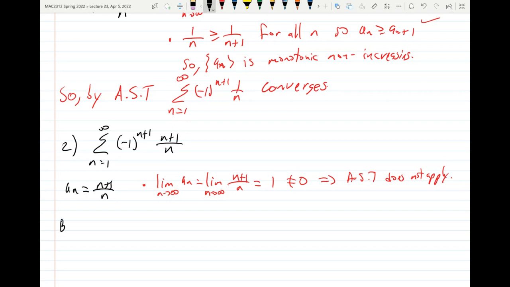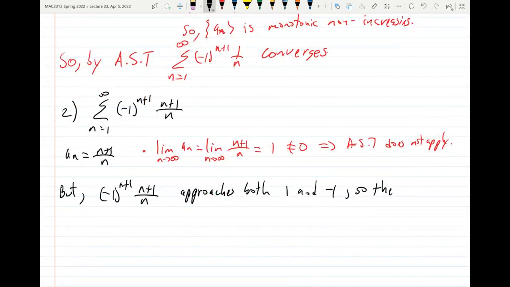But from here it follows that negative 1 to the n plus 1 approaches both 1 and negative 1. So the limit does not exist because it gets close to 2 different values, and therefore we can now use the divergence test.